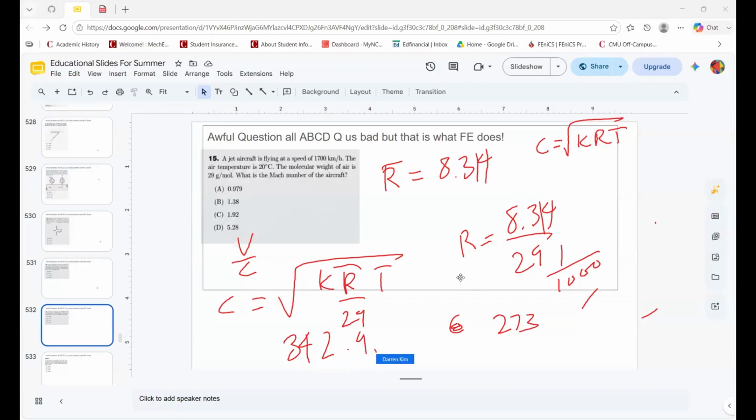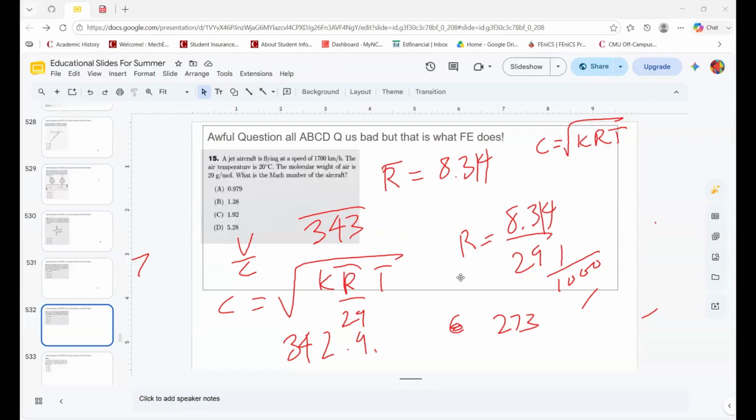342.9. I guess you could just guess 343 at that point. And then divided by this: 1700 multiplied by whatever this is, which is 1000 divided by 3600, which is about, wow, pretty much the same.